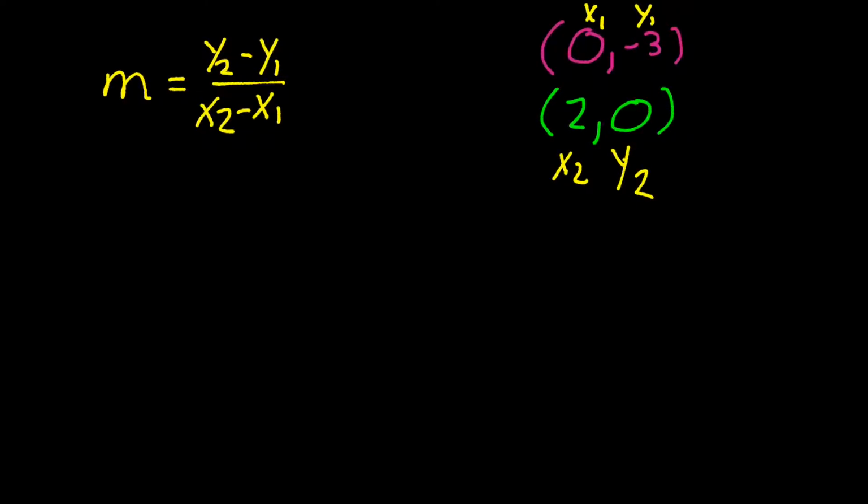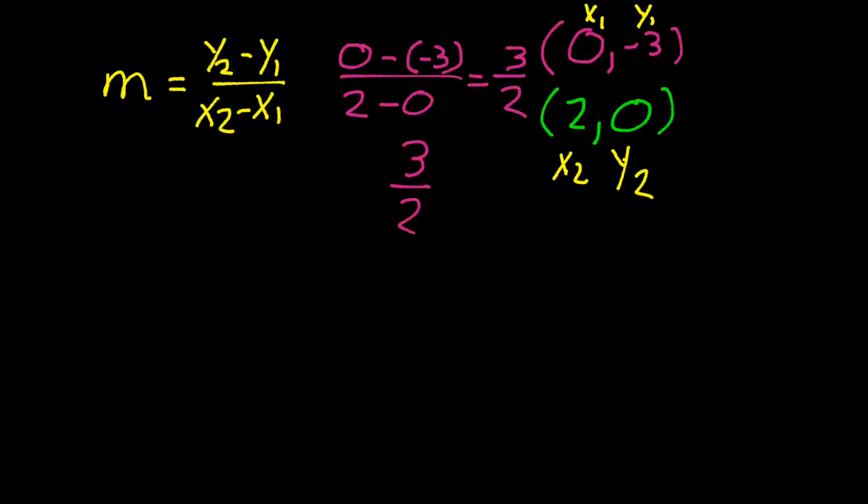Okay, and we plug our numbers into the formula. So I have 0 minus a negative 3 all over 2 minus 0, which ends up giving us 3 over 2. So our slope is 3 over 2.